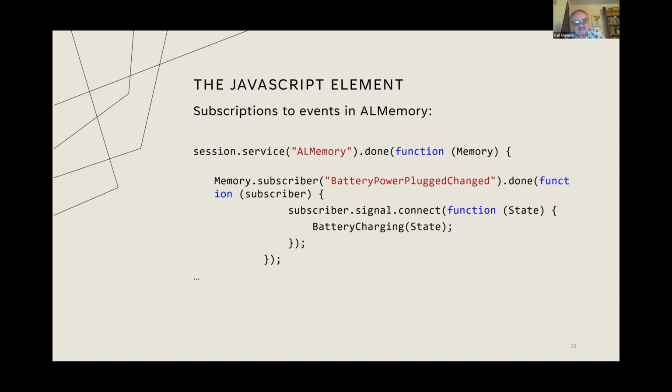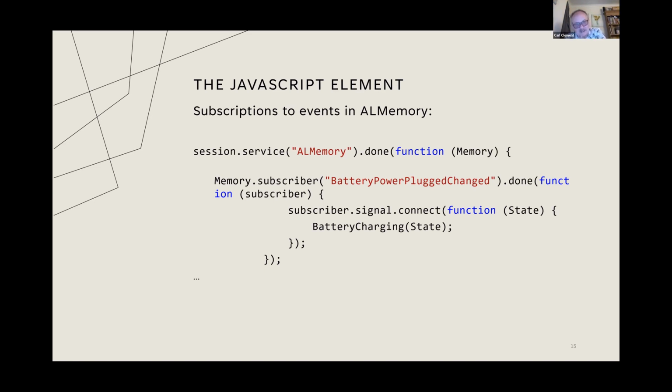And then when I do a signal connect, the event, when it changes, actually passes me back a state. And that state is either a true or a false. Yeah. So it tells you whether it's plugged in or whether it's unplugged.